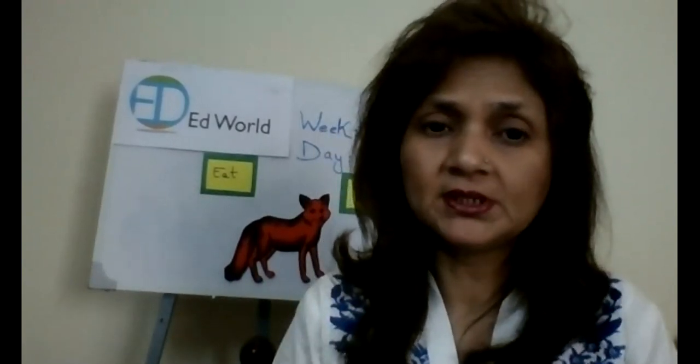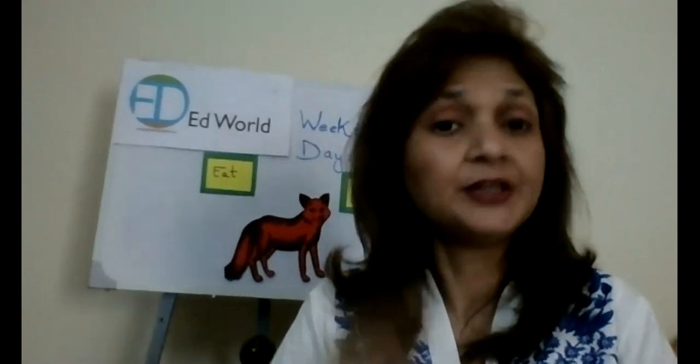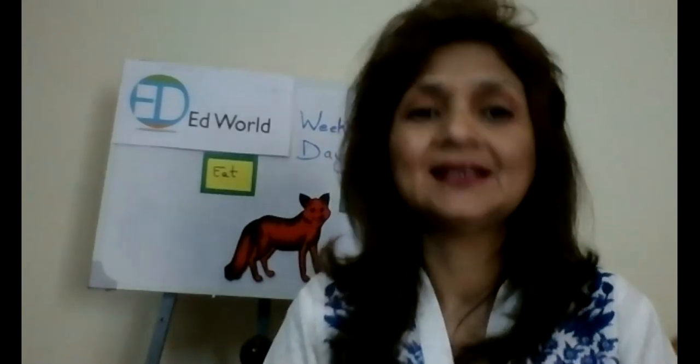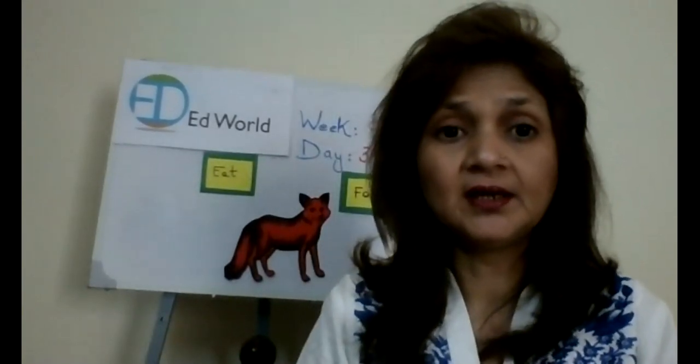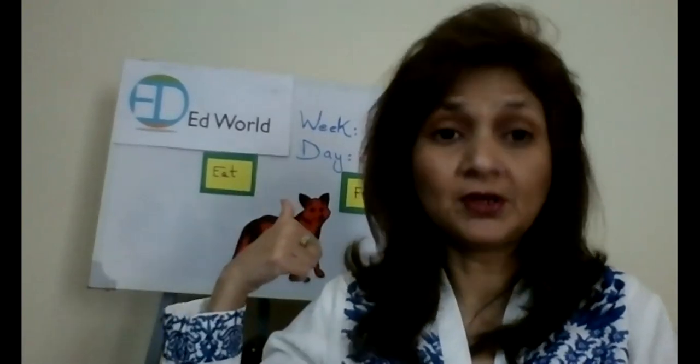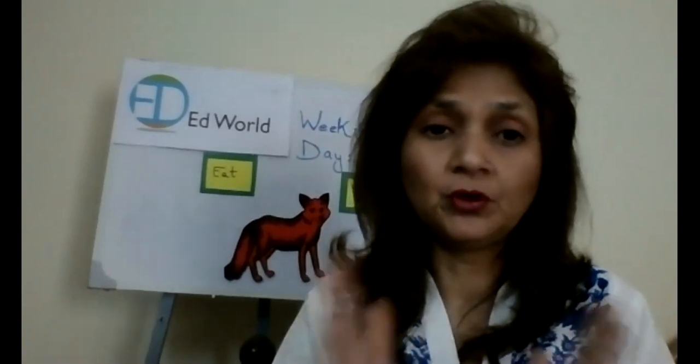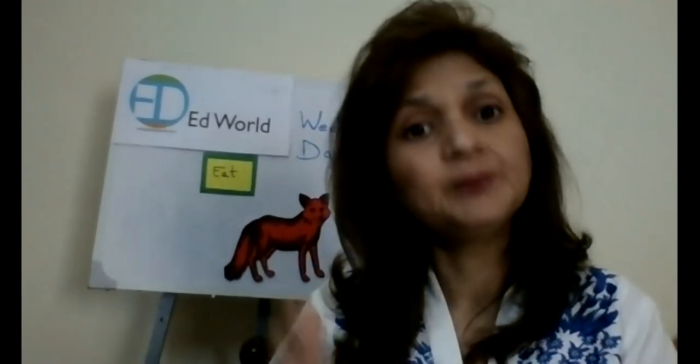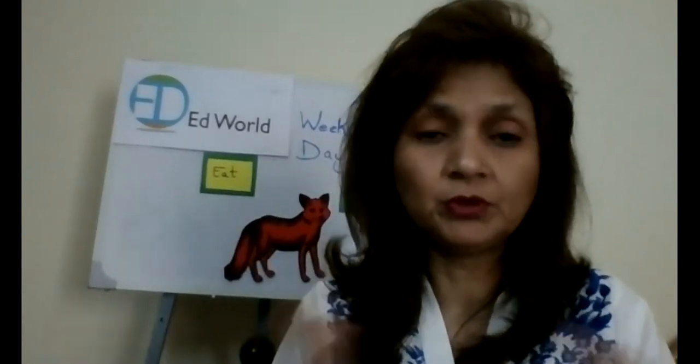That's great. Now tell me, class, what was the unit that we have started? Can you recall and name the unit that we started? Yes, correct. It was all about foxes. We are learning about foxes, right? What have we already learned in the class about foxes?